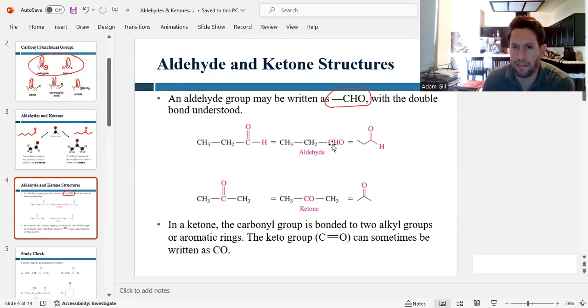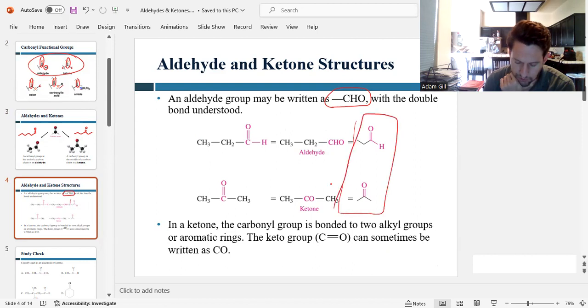And so if you see that, that means the same thing as this. And they abbreviate ketones as just CO. And so it's implied that there's a double bond to the oxygen. I won't do this to you on a quiz or an exam, but your textbook does that a lot. So just in case you see that, now you know what it means. I will primarily give these structures to you as a skeleton form.